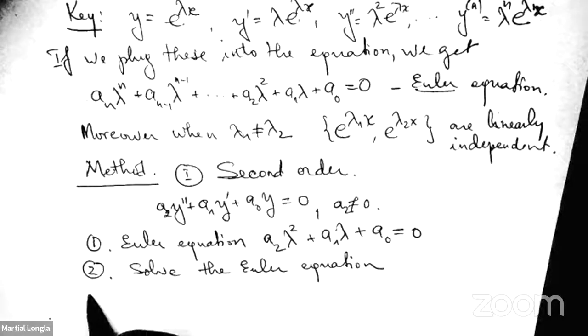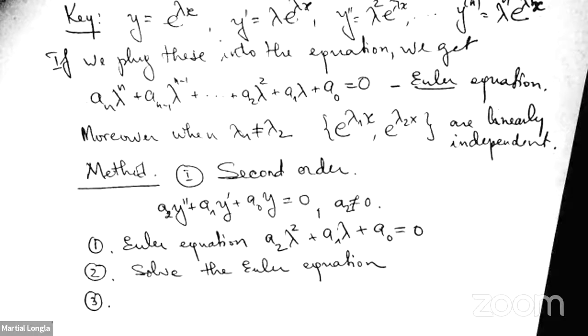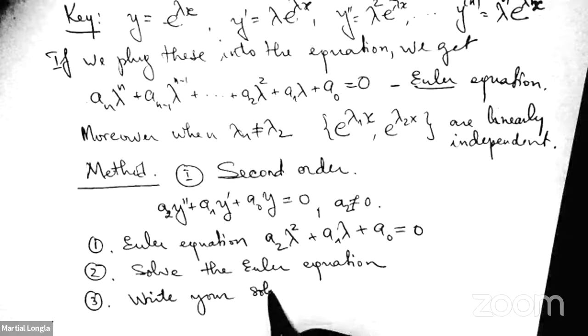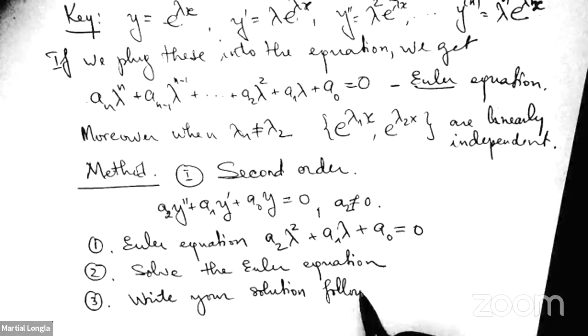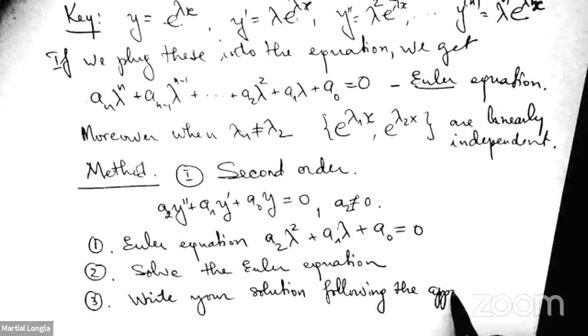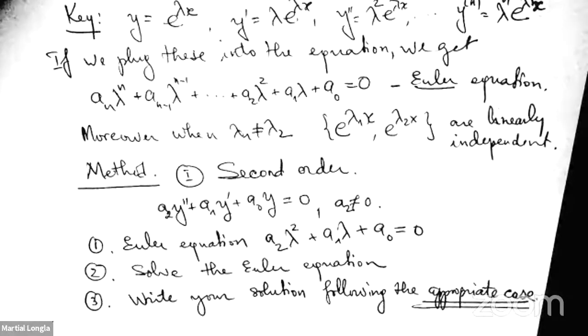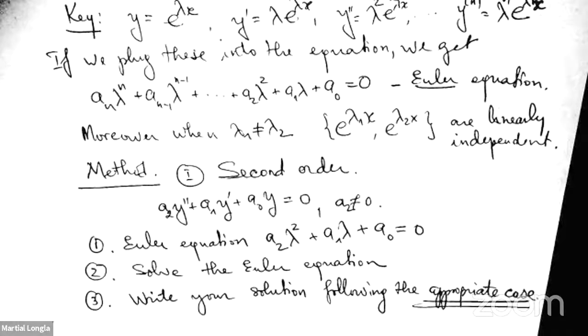And then third step, write the answer. Very easy. Get the Euler equation, solve it, write down the answer, following the appropriate case.